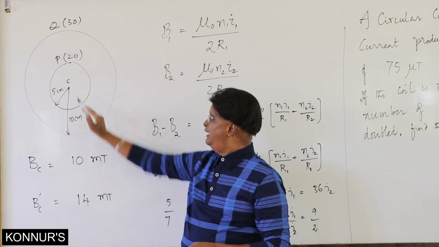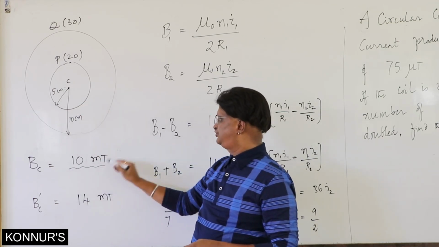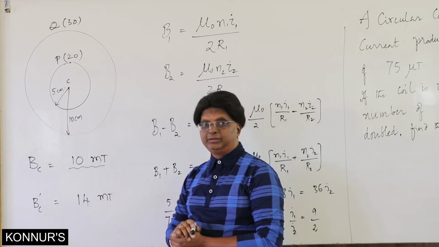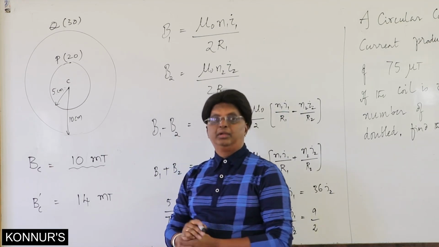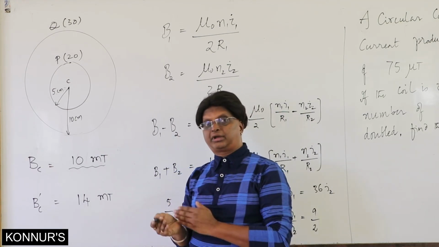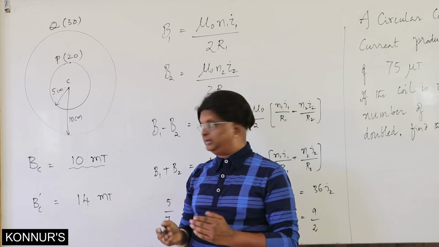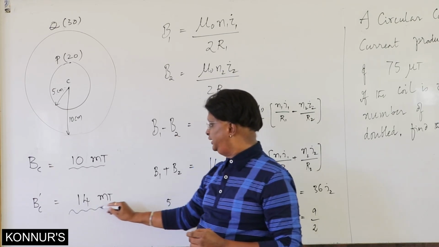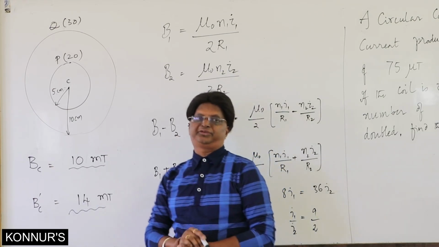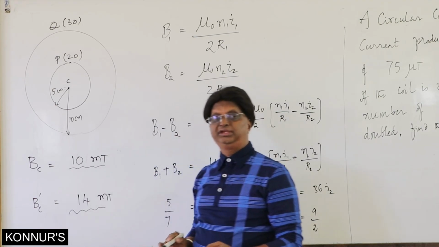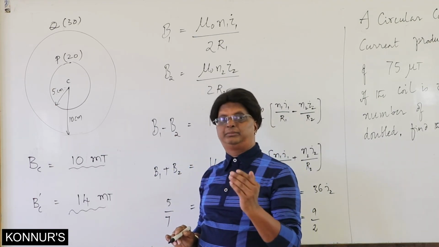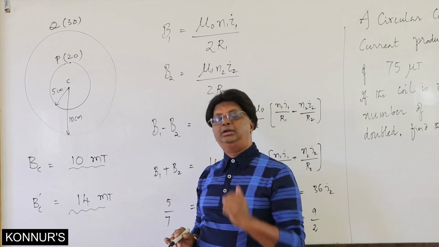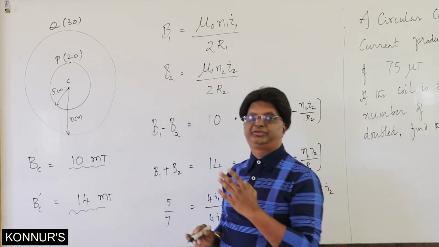Now the question is, at the common center, initially the magnetic induction is 10 millitesla. When the direction of the current in Q is reversed, it is found to be 14 millitesla. Find the ratio I1 by I2 of the currents carried by the coils P and Q.